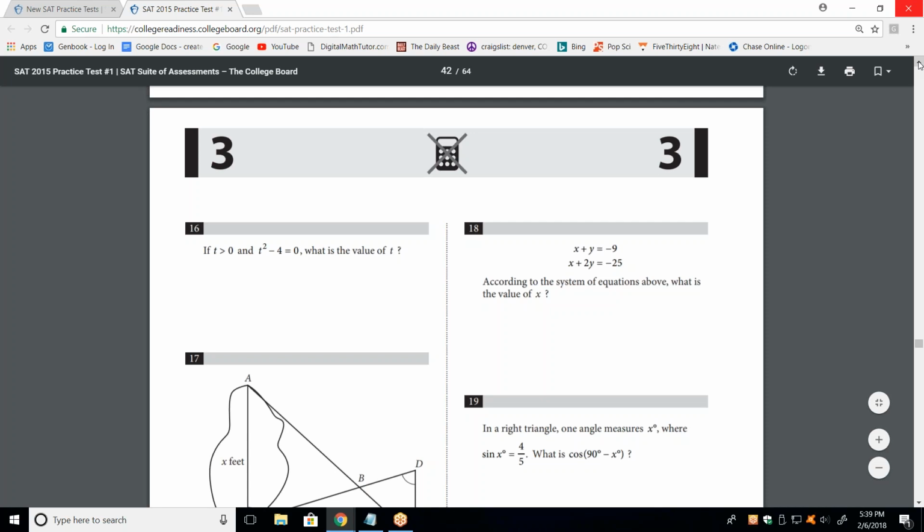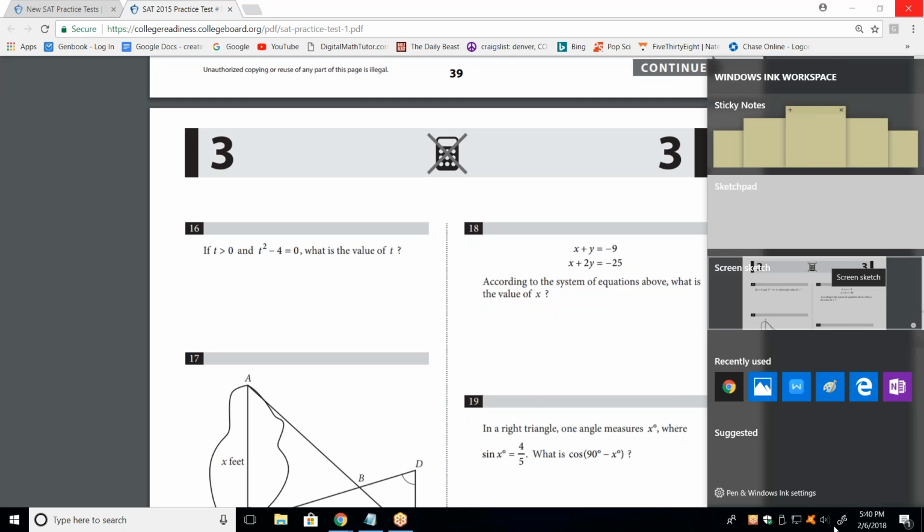If you don't know how to do this, play with some small numbers. By playing with small numbers, I mean try some numbers and substitute them for t and see if you can make that equation work. Okay.